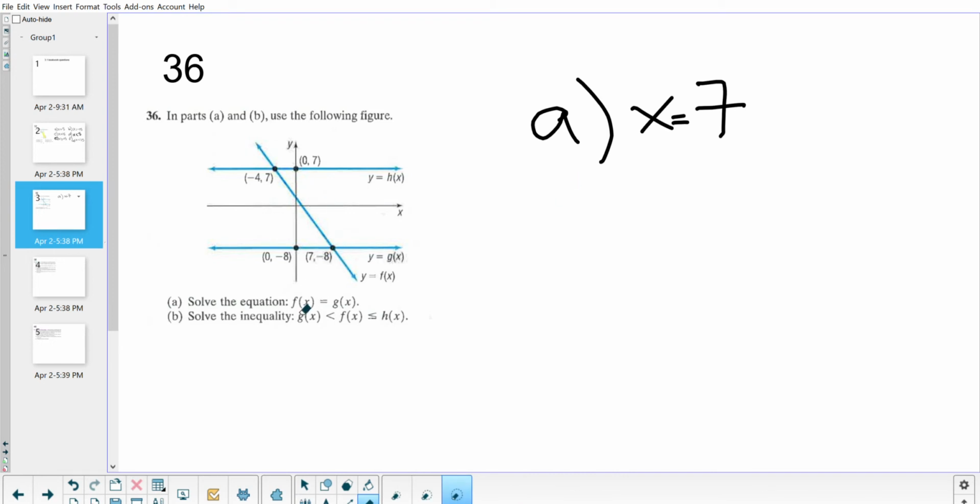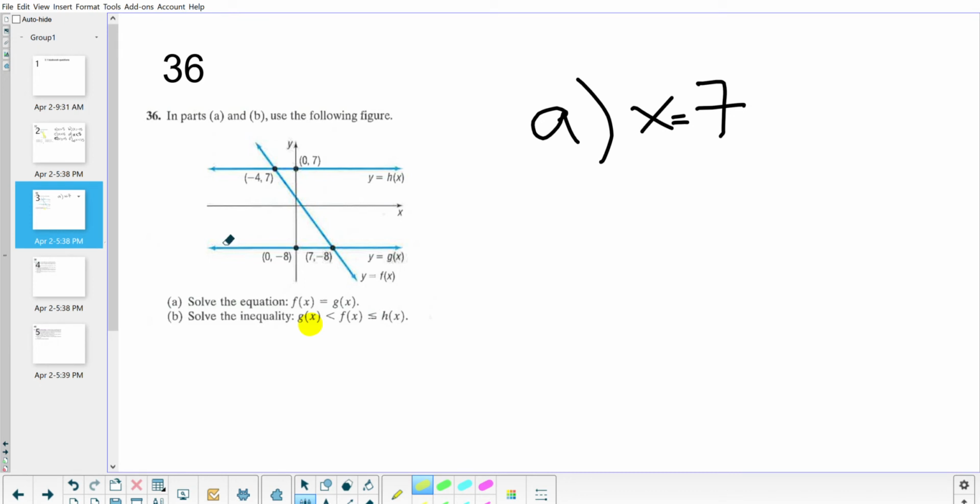When is G of X less than F of X less than or equal to H of X? Okay, so another way to say that, let's start with this first part, G of X. This means when in the graph is G the lowest portion, the lowest thing on the graph.